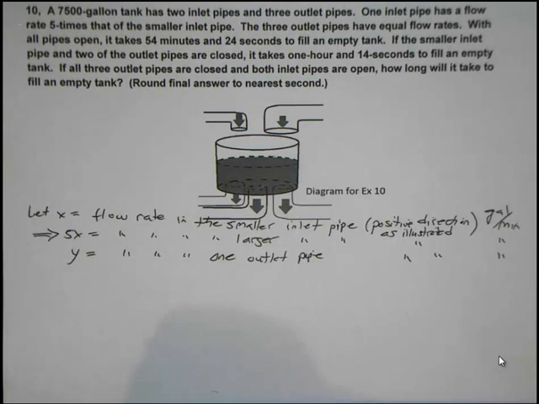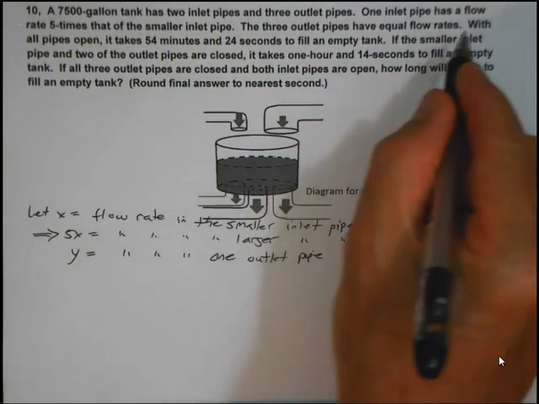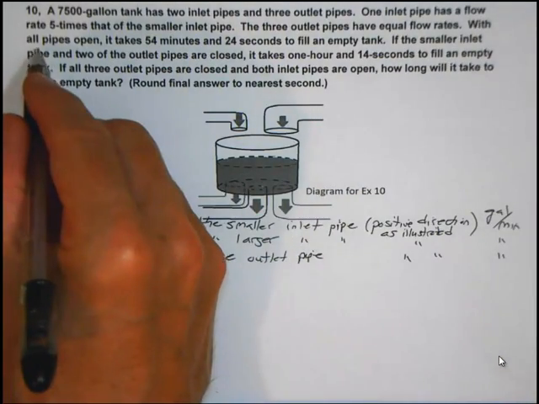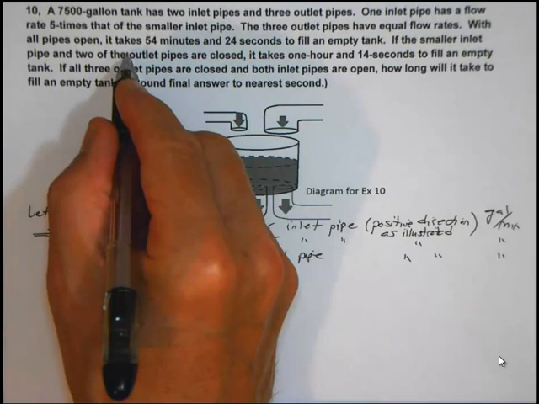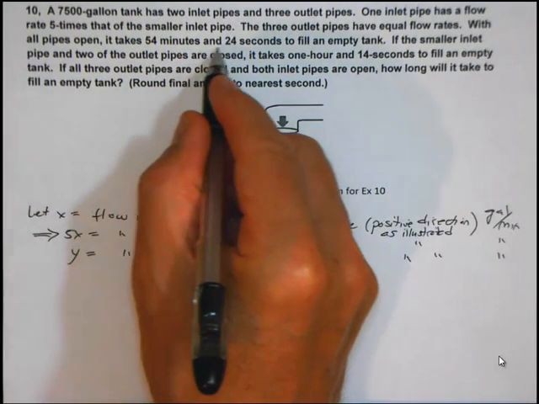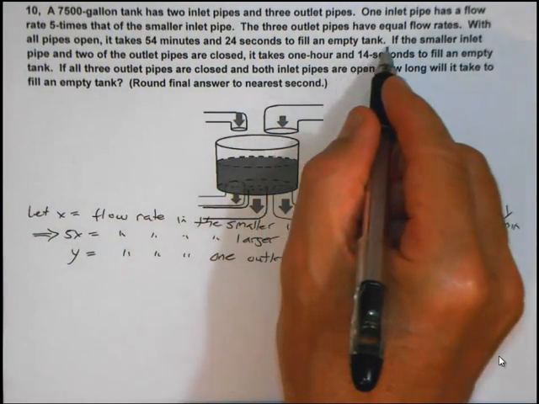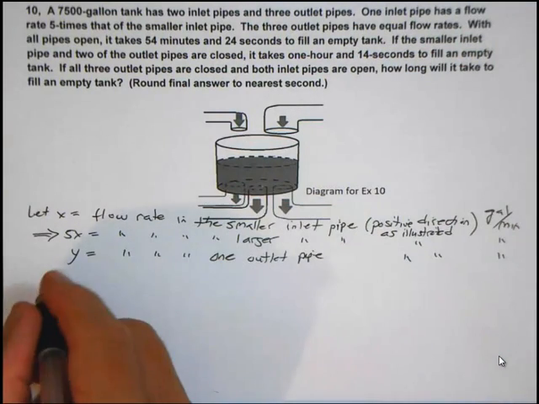Okay. Now, what kind of information do we have that would lead to an equation? This sentence: with all pipes open, it takes 54 minutes and 24 seconds to fill an empty tank. Okay, let's work with that.